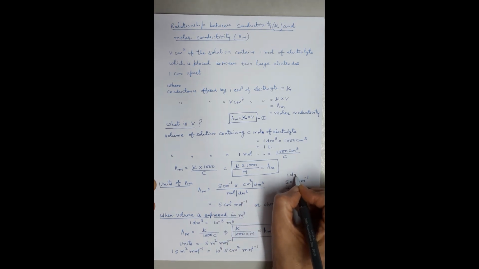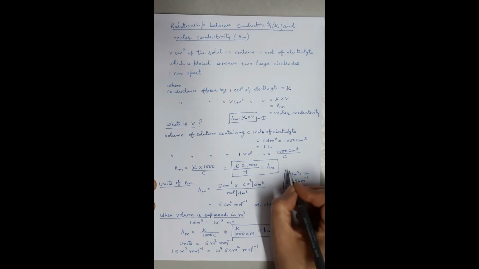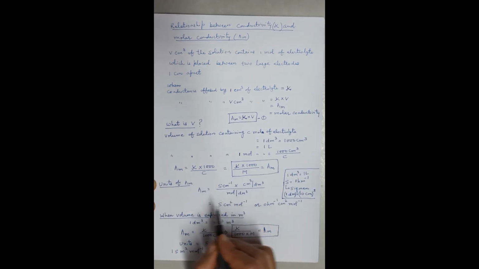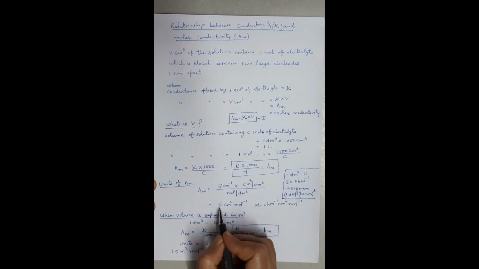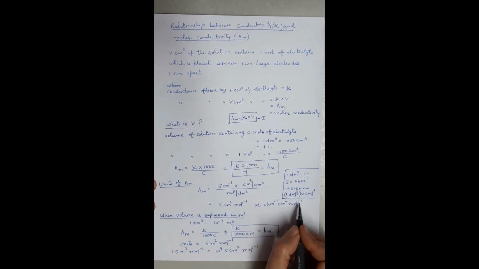So remember all these terms. If you calculate this, the units of molar conductivity come out to be Siemens centimeter square mole inverse. Or in place of Siemens, you can also write ohm inverse. So I can also say ohm inverse centimeter square mole inverse.